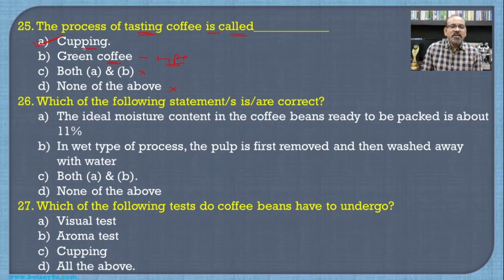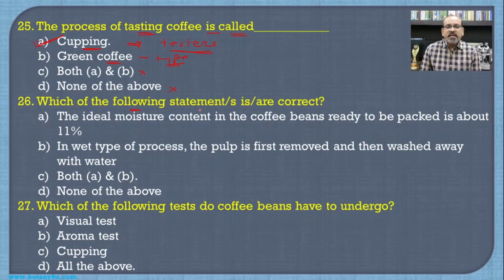So the answer for this question becomes cupping. There may even be another type of question, that the people who generally test the coffee are known as testers, and in the world there is a high demand for such people who have the testing ability of coffee.